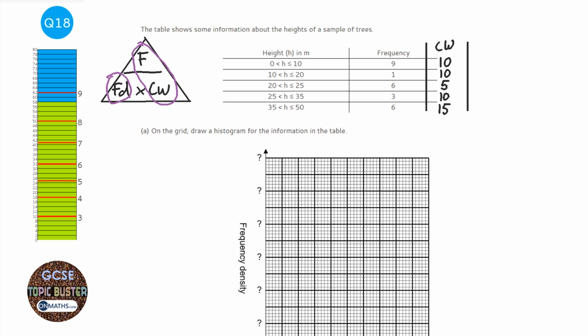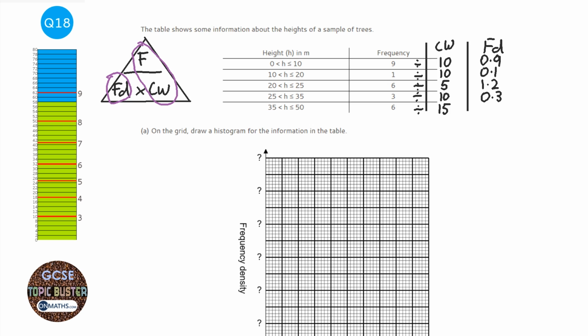So when I've got the class widths, I can work out the frequency density. And the frequency density is the frequency divided by the class width. So we've got 9 divided by 10, which will be 0.9. 1 divided by 10, which is 0.1. 6 divided by 5, well that's 1.2. 3 divided by 10, which is 0.3.